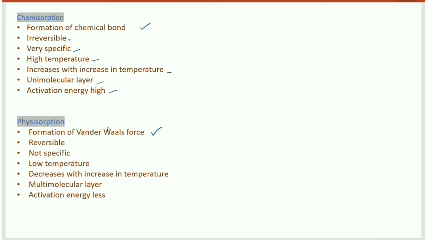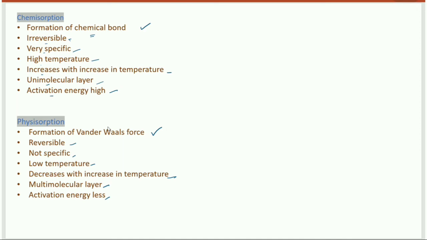But physisorption is reversible, not specific, low temperature, decreasing with increase in temperature, multimolecular layer and less activation energy.